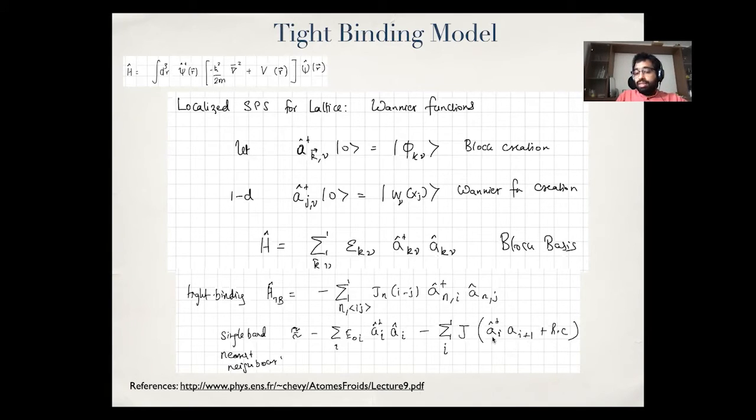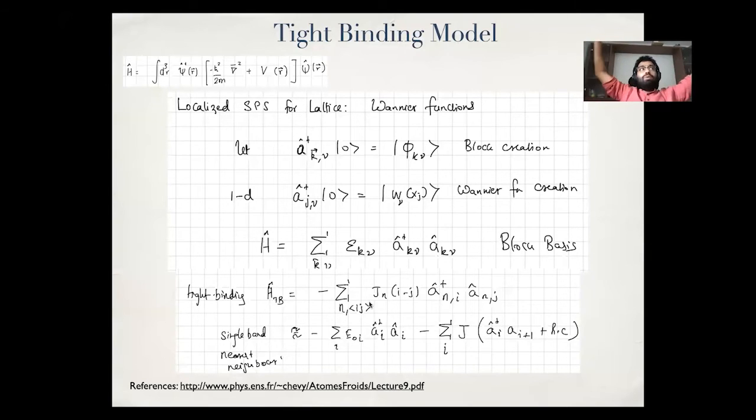So now this term precisely talks about tunneling of the atoms between different sites of your optical lattice, and J is the tunneling strength. Typically, once I make my potential about 2 recoils or deeper, I can safely cut off. In principle, because I have delocalized wave functions, I can tunnel from site 1 to site 10 or site 20 far away.